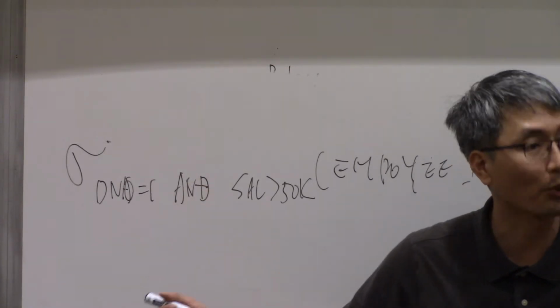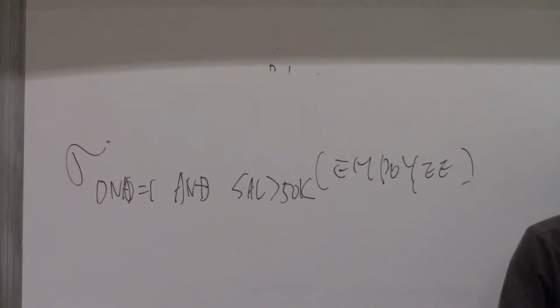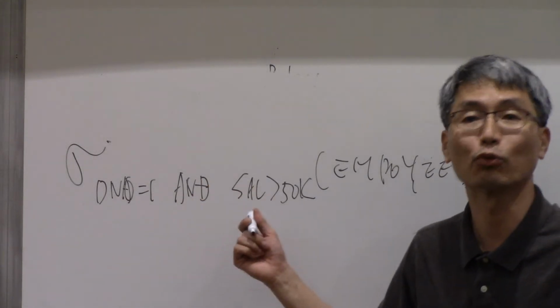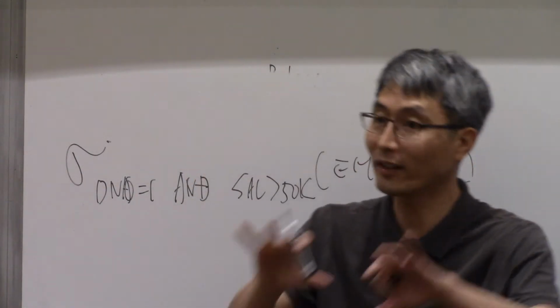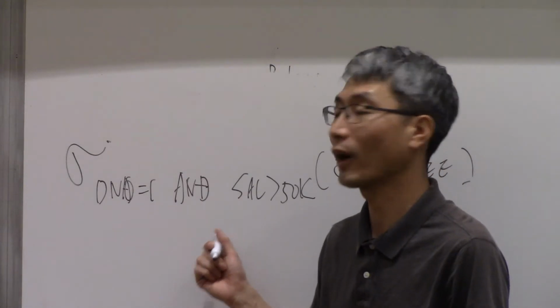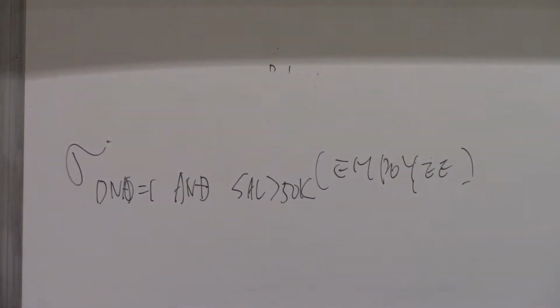Also, commutative, associative rule or distributive rule can be applied for the selection operation. One more thing. This is one relational operation.